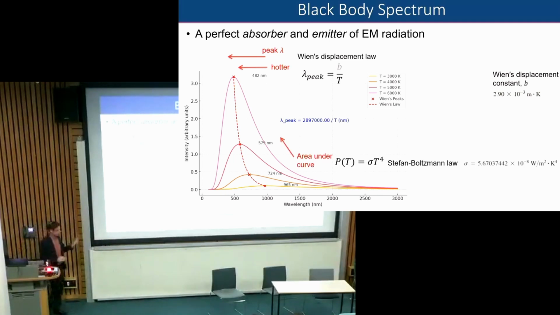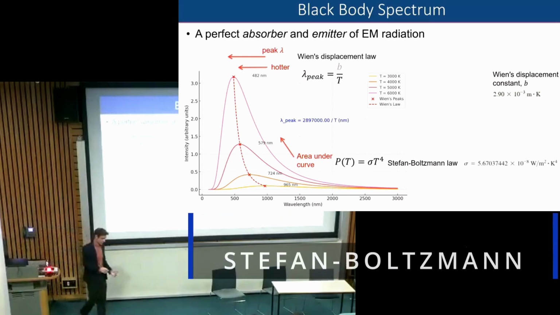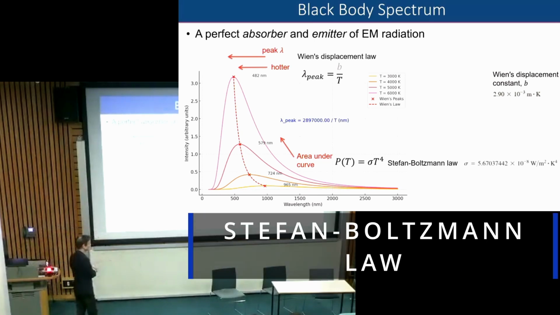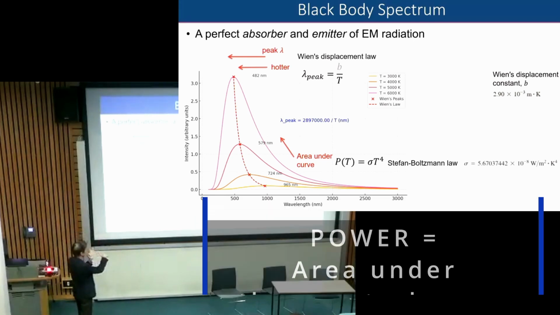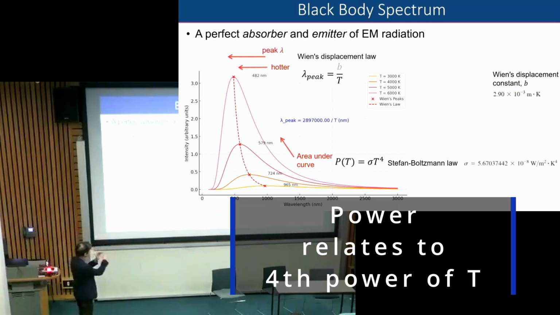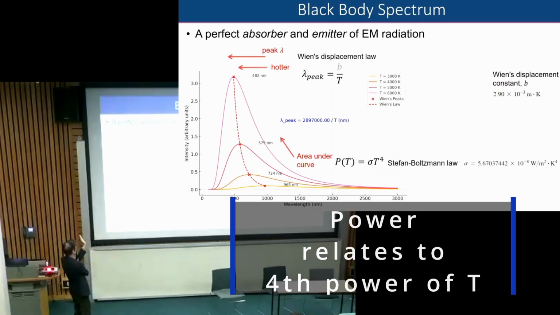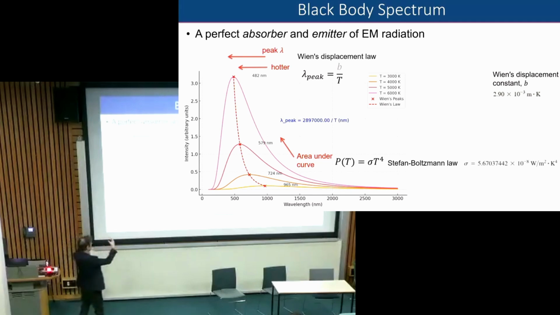And just to fill in the gaps, we're not going to go into this in any detail, but just to observe also that the power, the area under the curve, if you like, goes with the fourth power of the temperature. So the hotter that object gets, not only does the wavelength shift to the left, but also the overall power of electromagnetic radiation goes up as well, which makes sense.